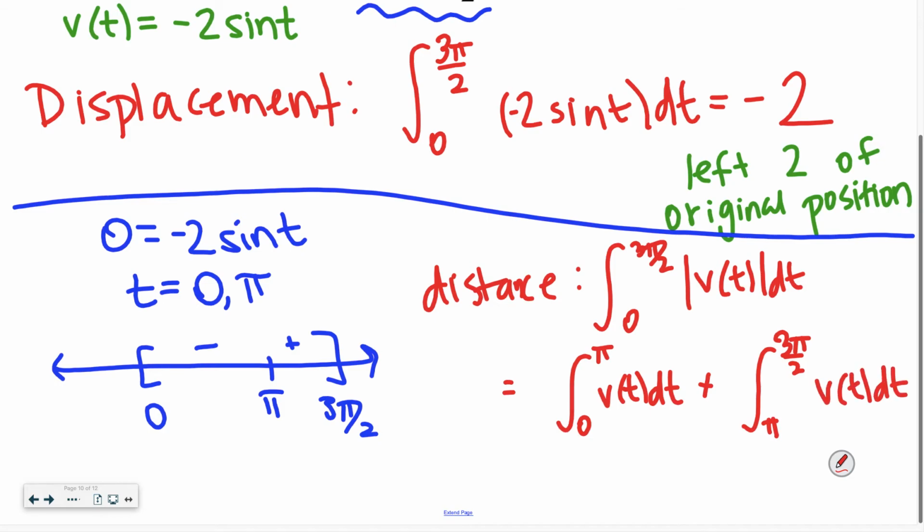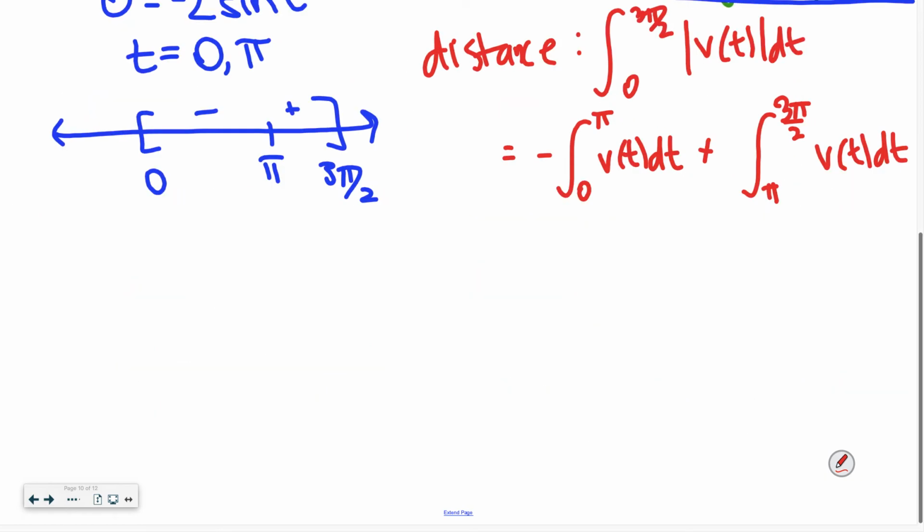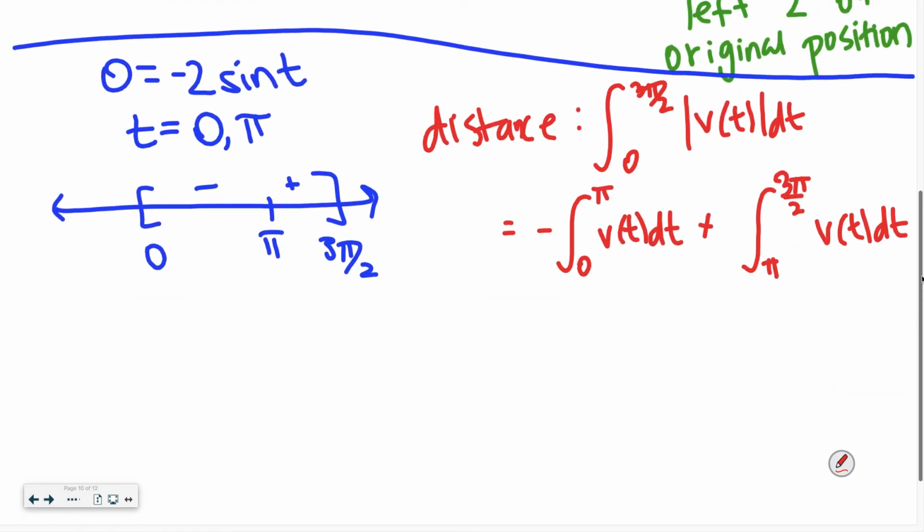But since 0 to pi has negative velocity, we got to throw a negative out in front. So if you were to punch this in your calculator or do it by hand because it's really not that hard of a problem, we get 6 meters. So while the particle ends up 2 to the left of the origin, it travels 6 meters on its way there.